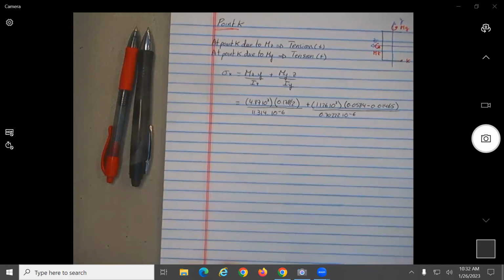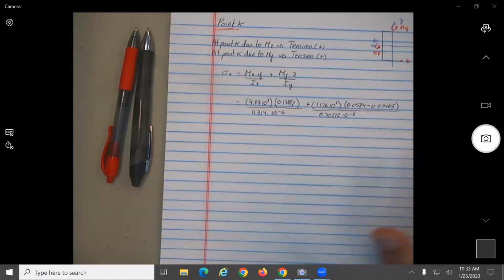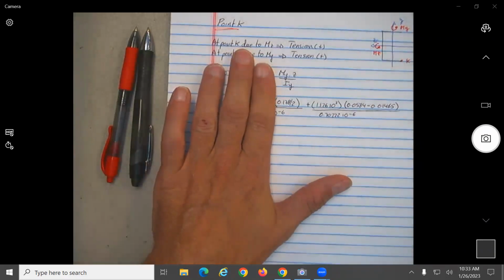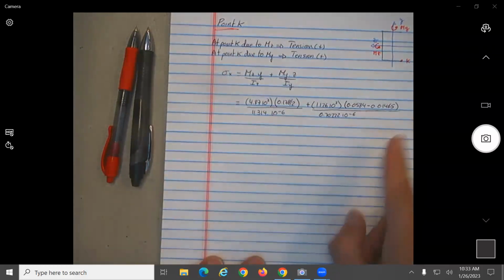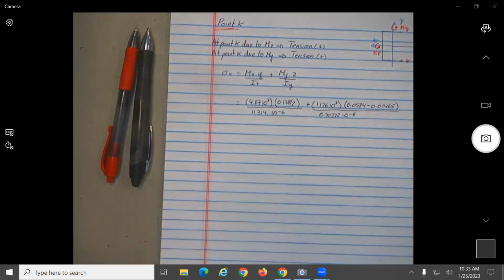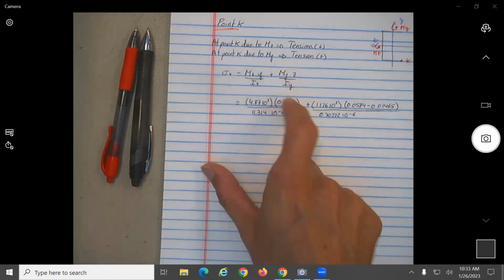So would it be best to just take the absolute value? Correct. Just take the absolute value. That's basically what we're doing. Remember, we are finding the sign by looking at whether it's tension or compression, so we are talking about the whole term.